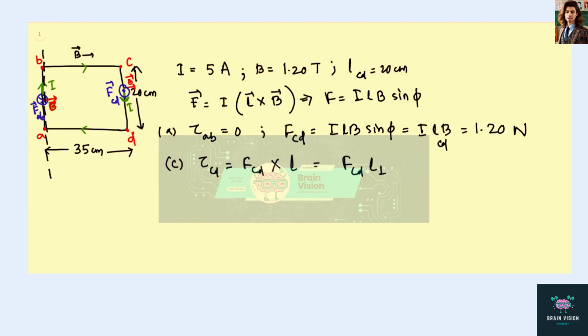So force is out of the paper and the perpendicular distance of the force from the hinge is basically this distance, which is 35 cm. So we apply that and we get this value to be 0.420 Newton meter. Okay, that's it. So this is basically part B, which I forgot to write.